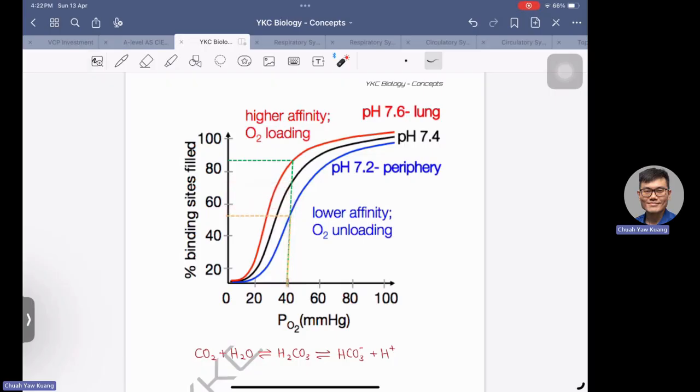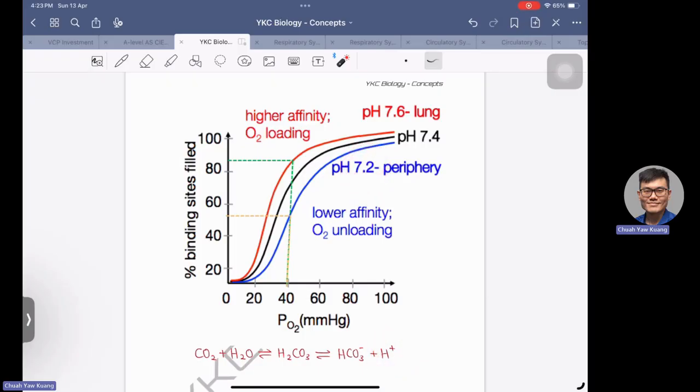Next, how can we explain this? When the partial pressure of carbon dioxide is higher, this means that there is more carbon dioxide. And this carbon dioxide will dissociate to form the bicarbonate ion and the hydrogen ion. The increase of the hydrogen ion concentration in the red blood cell will cause the pH to decrease or become more acidic.